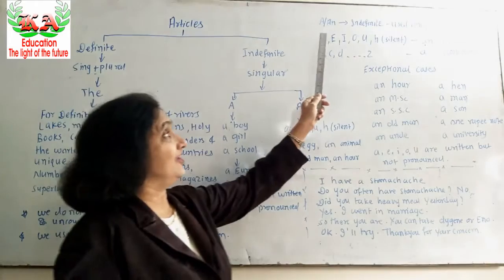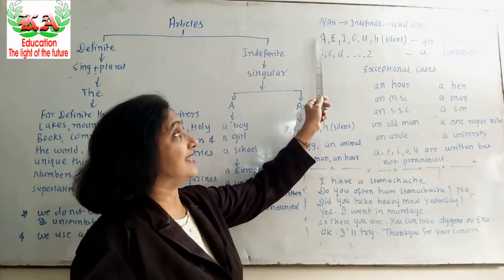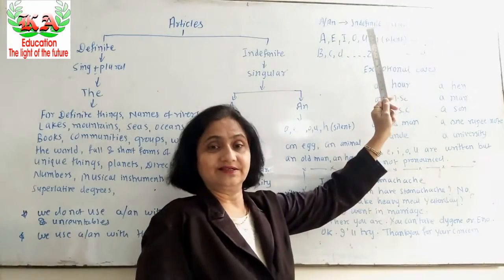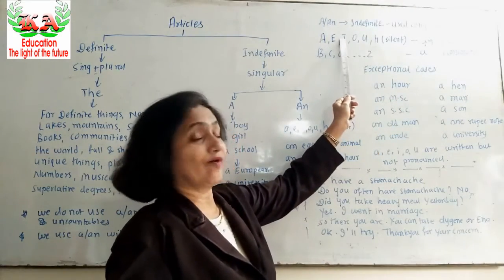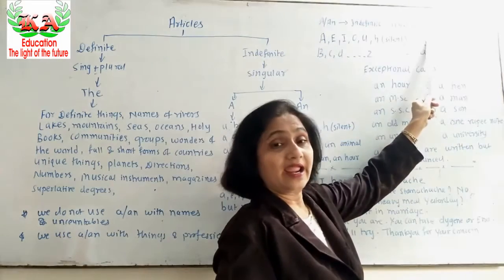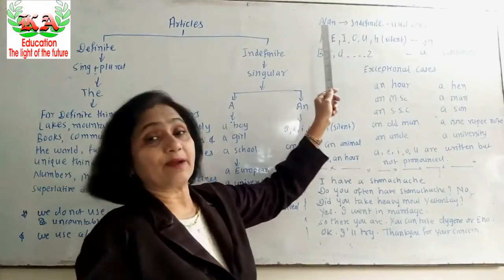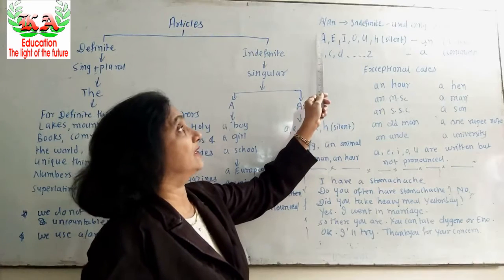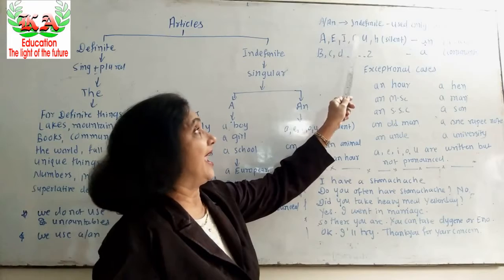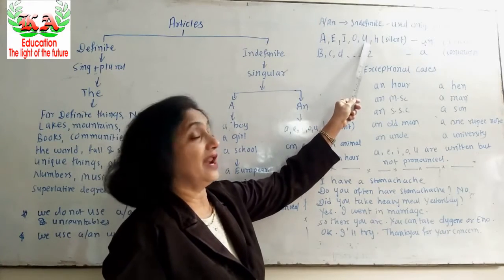So let us see here, from the alphabets A, E, I, O, U are called vowels, and with these vowels, for a single thing, we have to write an. As for example, we say an apple, an elephant, an import, an ox, an umbrella.